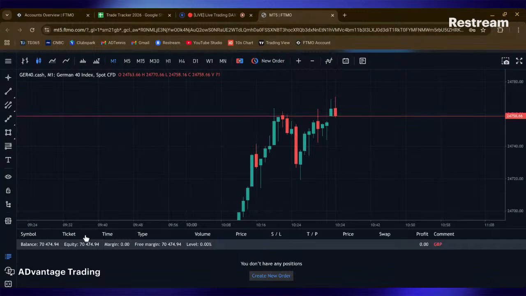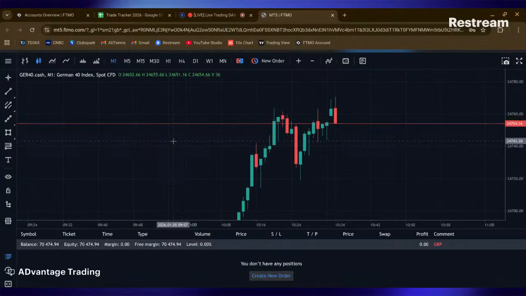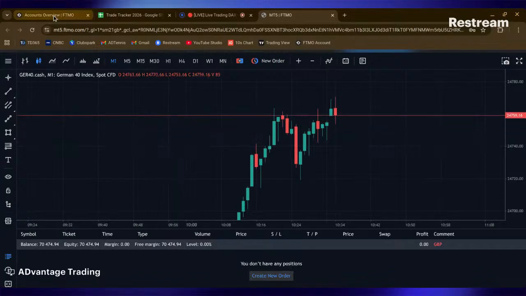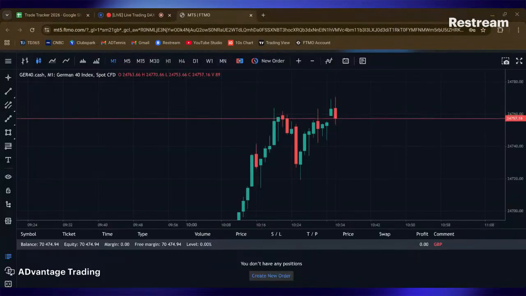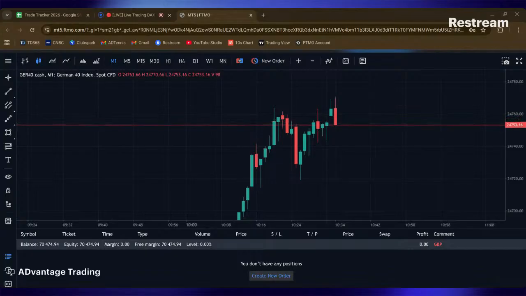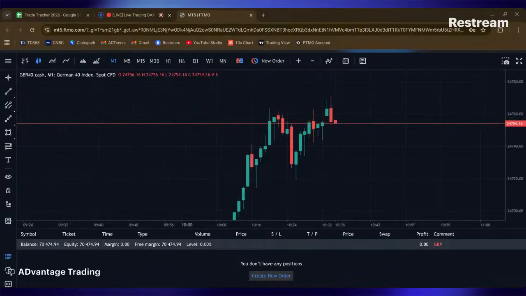Started this morning at 70,000. Now, I don't currently know how this works, but I know FTMO tracks all my trading history and we get quite a lot of statistics from it. I've never placed a trade on here before, and I believe it takes a little bit of time to come through, so I can't take you through the detailed statistics yet.